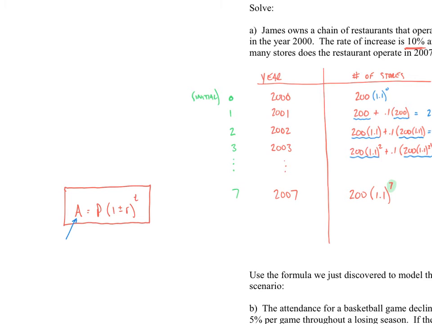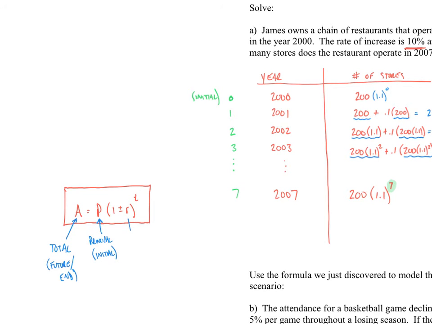So A is your total amount, and that's usually the future or the end amount. Not always. Sometimes we're dealing with a total amount and we want to know about the past. All right, but the P here stands for the principal amount, and that's usually the initial amount of money.